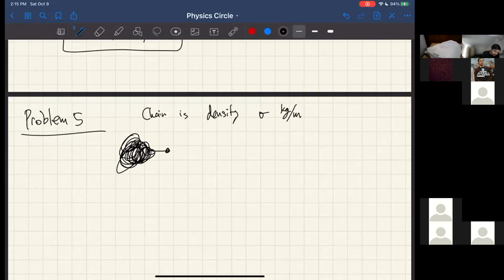And then I hold on to this end and pull it with a force F. And as I pull it, this chain unravels and pulls out of this huge heap of chain. So the question is, if I do this process, what is the position of the end as a function of time?